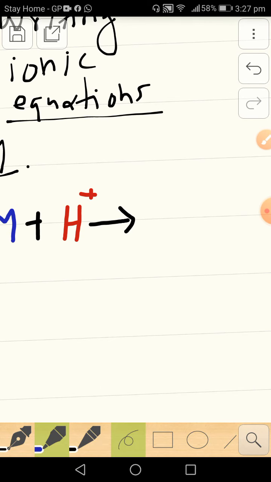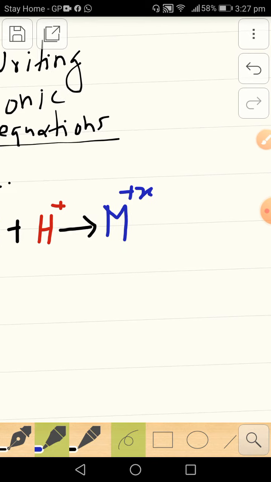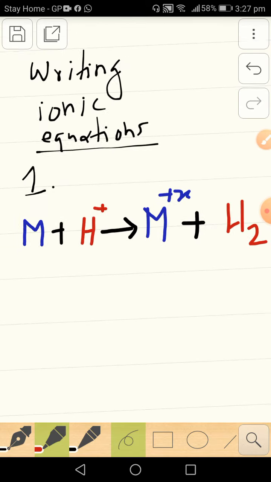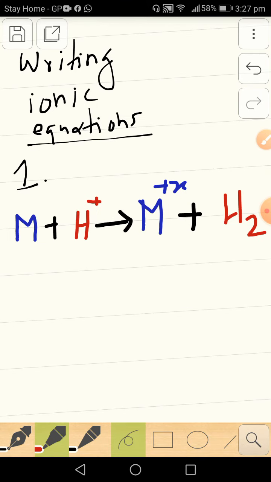The reaction would be M plus X H plus gives M X plus plus X by 2 H2.